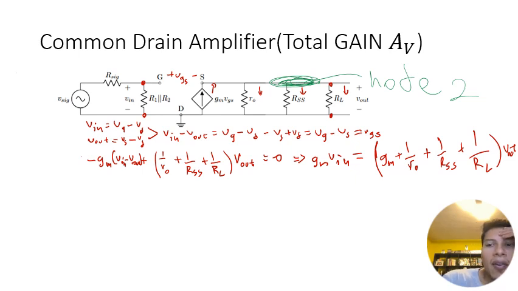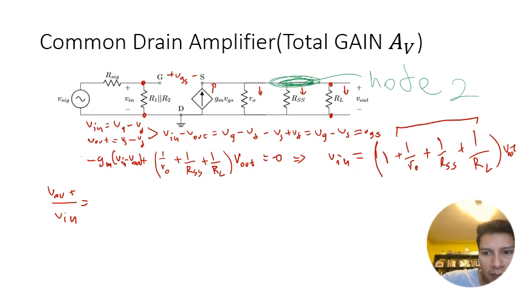Okay, so now I need to get V_out over V_in. In this particular case, this is just 1 over the three in parallel. If I divide both sides by gm, this will become a 1, and then gm will be common to all three of them.